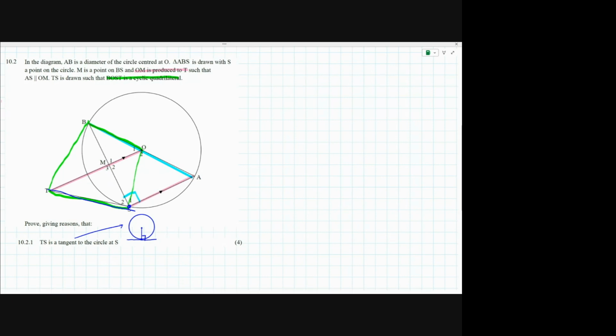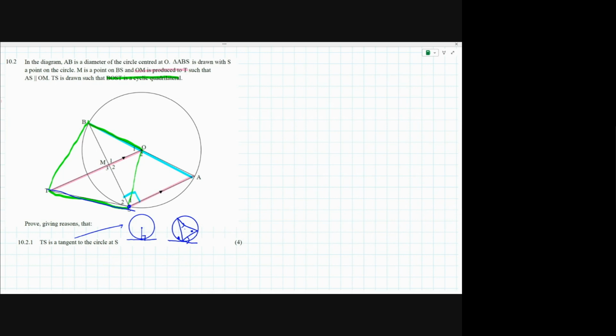Remember, tan per rad. The second way to prove that a line is a tangent is through your tan chord theorem. If you can prove your angles are equal according to the converse of the tan chord theorem, you've proven that a line is a tangent to your circle.